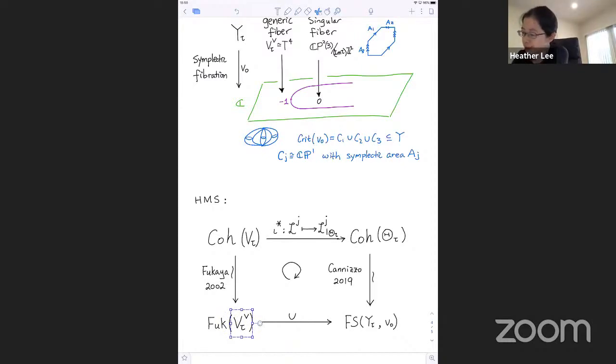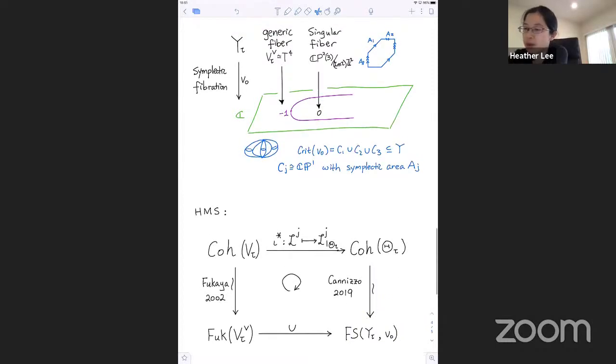Catherine Cannizzo's thesis showed this equivalence between the genus 2 curve and the Fukaya-Seidel category of this mirror Landau-Ginzburg model. And she also showed this whole diagram is commutative.